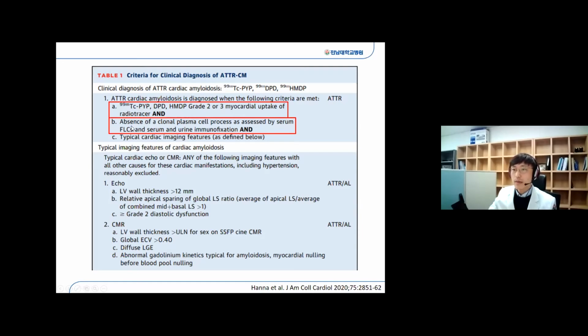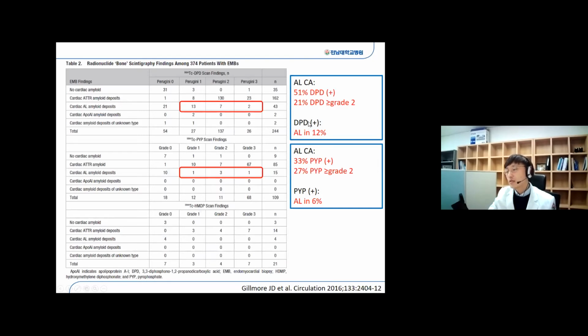But please remember that it should be proved that the patient does not show the serological marker of AL-type cardiac amyloidosis, because AL-type cardiac amyloidosis in some cases can show cardiac uptake. In this study, which was published in Circulation 2016, describes the false positive bone scintigraphy uptake in AL-type cardiac amyloidosis.